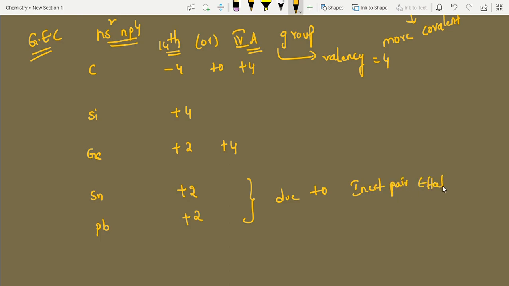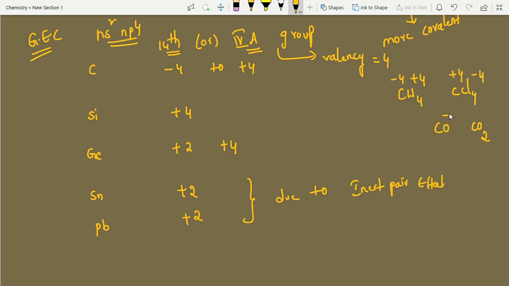Clear? See, carbon depends on combining capacity. CH4, CCl4, CO, carbon monoxide, CO2. This is +4. Compared to carbon, hydrogen is less electronegative, right? Carbon is 2.4, hydrogen is 2.1. The more electronegative one shows a negative oxidation state. Chlorine is more electronegative, so this is +4.